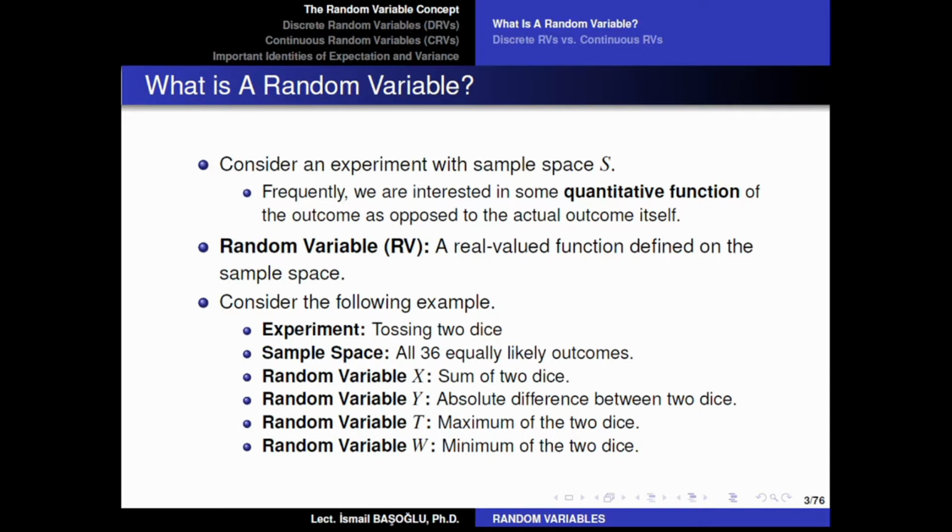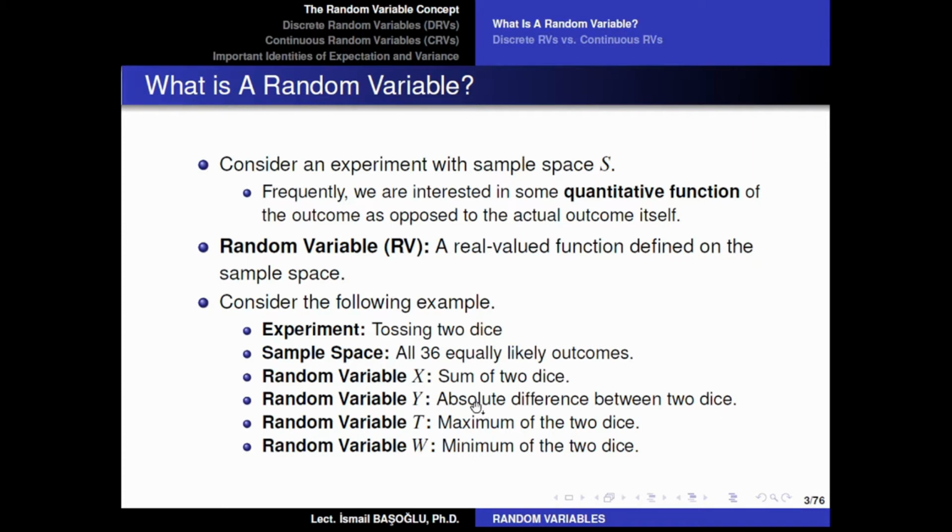However, you can talk about the sum of two dice. If you talk about the sum of two dice, then you can convert each outcome into a quantitative value. For example, (3,4) can be converted into 7 as the sum of two dice. Or (5,6) can be converted to 11 as the sum of two dice. Or you can define another random variable, the absolute difference between two dice.